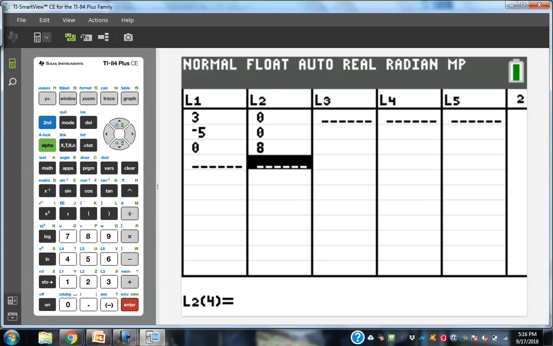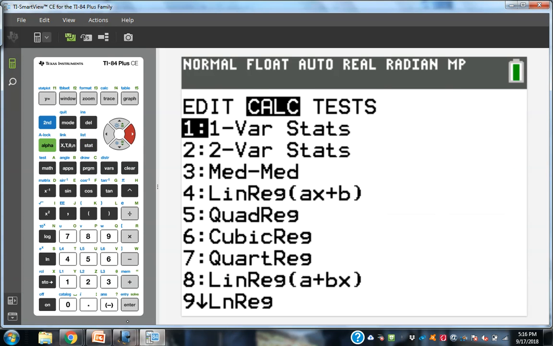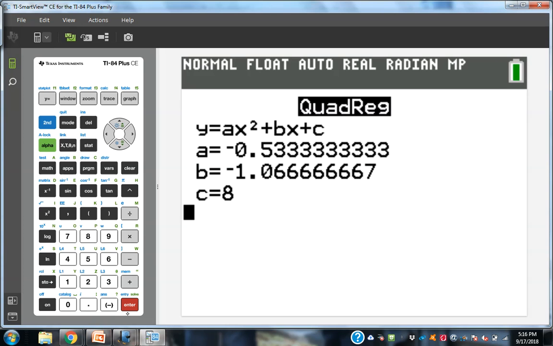And then I'm going to hit stat, go over to calc. I'm going to have it do a quadratic regression. It's going to give me the A, the B, and the C for that. My C value when I did it by hand was 8, right?